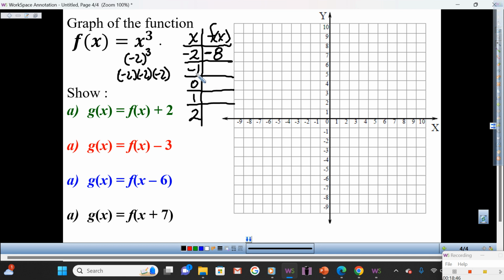Next value, negative 1 cubed. Tell your neighbor what to write here. Negative 1 cubed. What do we write there? Then we'll have Brandon enlighten us.